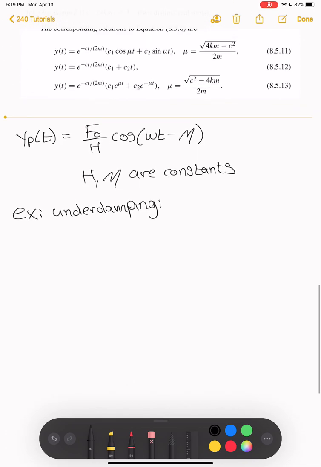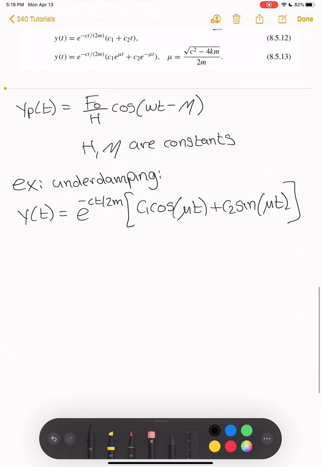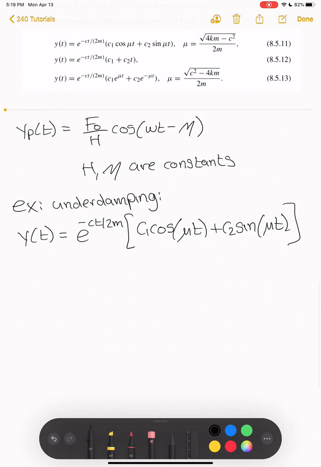So we have y of t equal to e to the minus ct over 2m, times c1 cosine of mu t plus c2 sine of mu t. And the mu is just a constant as well, given by the right-hand side. And then I have to add on my particular solution, f naught over h cosine of omega t minus nu.